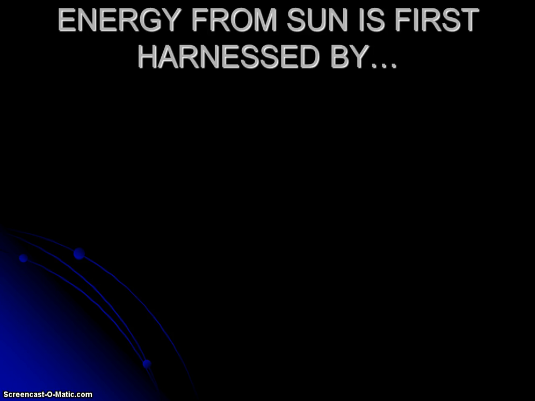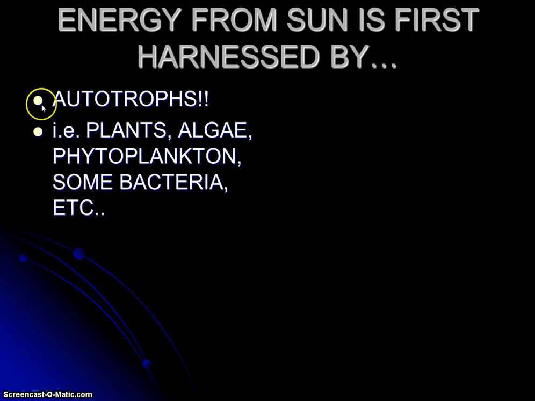So obviously, if we're going to start with the sun, we know that energy has to be harnessed by what we call autotrophs. In this term, auto, think like automatic. An automatic transmission means it shifts on its own. So auto means all on its own, by yourself, and the root word troph refers to feeding.